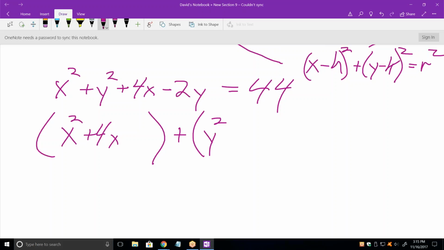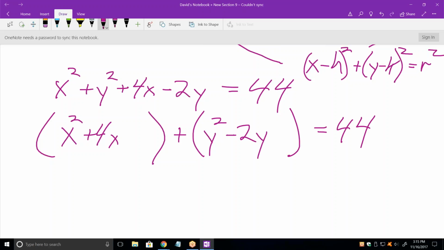And then we say equals. You're forgetting the minus 2y. Oh, I said that, didn't I? My bad. So it's minus 2y, leave space, equals 44. That's the rearranging part.